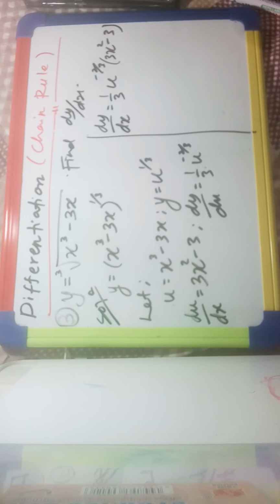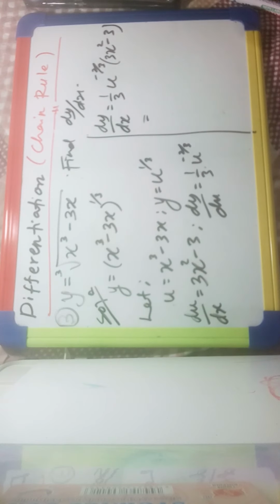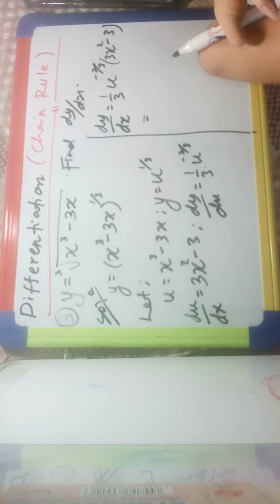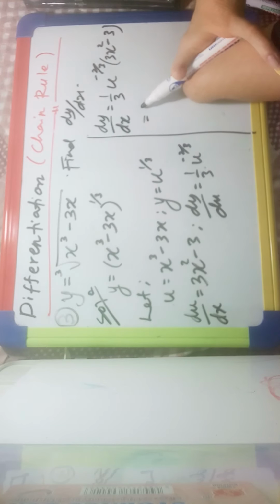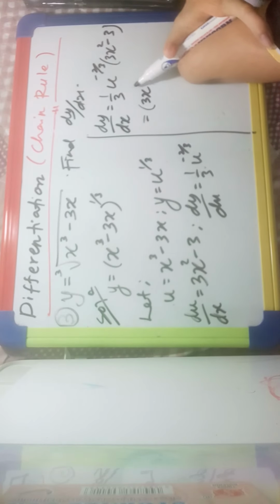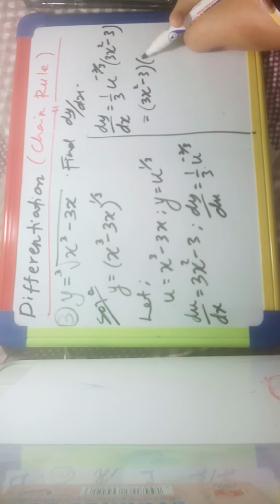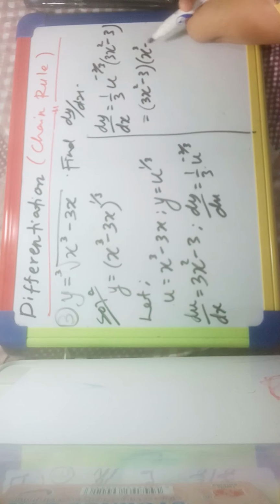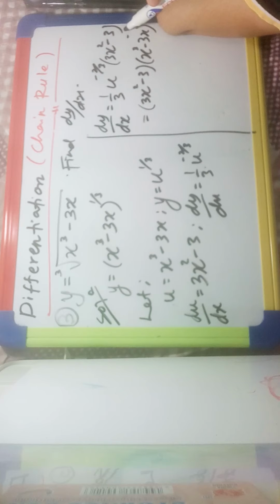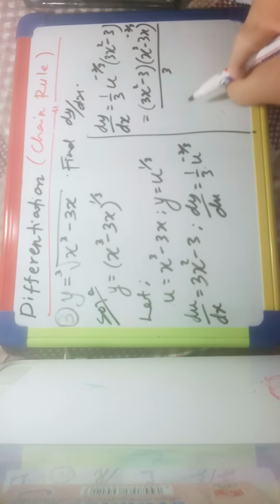This is not the final answer yet. You need to simplify everything. So this is equal to, okay, you need to replace back with the x cube minus 3x. So you will get 1 over 3, in bracket 3x square minus 3. Okay, now I will replace u. U is x cube minus 3x the power of negative 2 over 3.